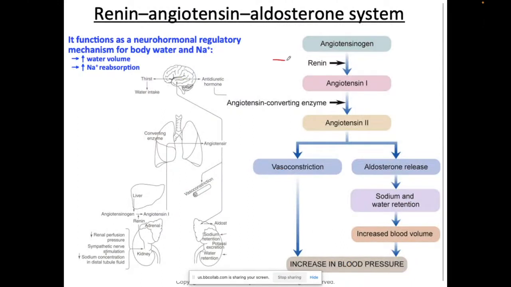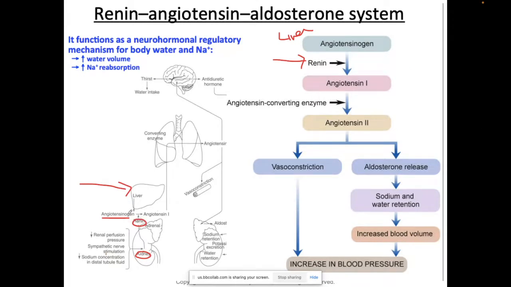So here is where renin comes into play, right? You have angiotensinogen that's made by the liver. On the bottom left here, we see the liver makes angiotensinogen, but we see that our good friend the kidney produces renin.